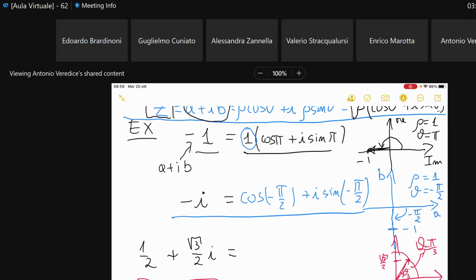The point is on the circle whose radius is 1, centered in the origin. So again, z is 1 times cosine of pi over 3 plus i times sine of pi over 3.